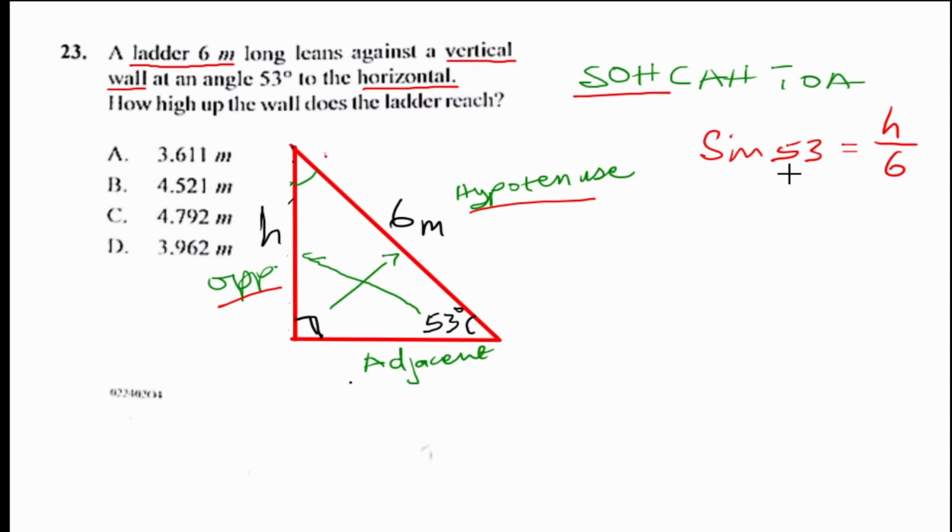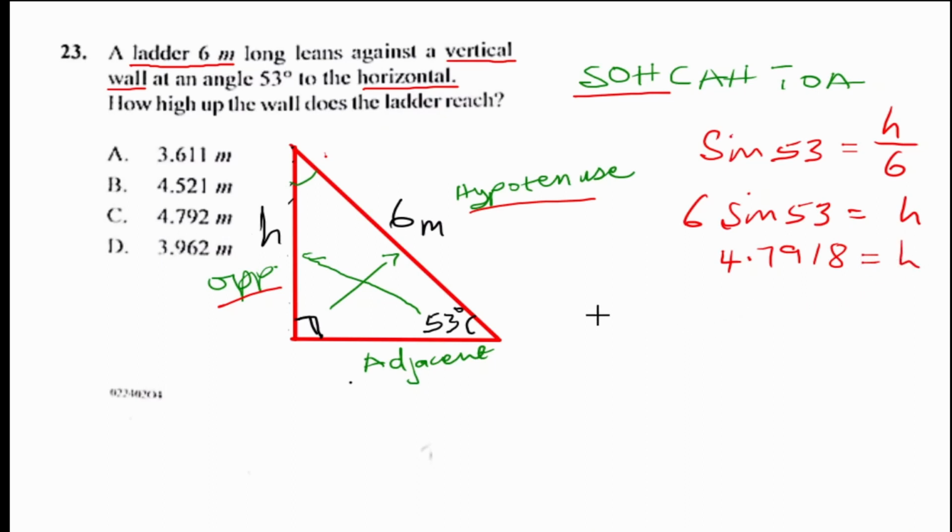So when we cross multiply, or however you want to call it, inverse operation, we multiply both sides by 6, we are going to get 6 sine 53 to be equal to our h. You just use your calculator to work out 6 sine 53, and that gives us 4.7918. That should be equal to h.